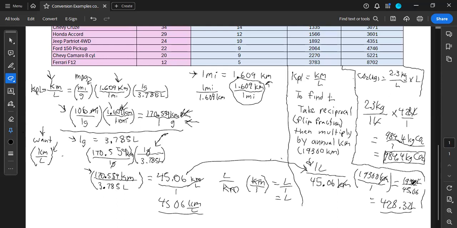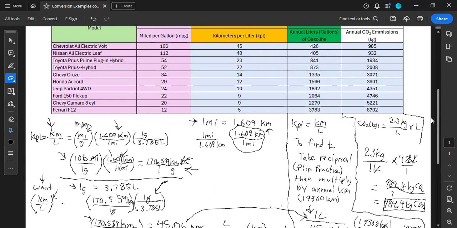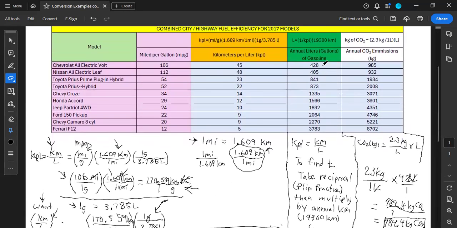So now we have liters, which is what we wanted. So all we need to do is simplify this number, and we divide the 19,300 by the 45.06, we get 428.32 liters. And if we come up here and look, remember these numbers are rounded, but you do see for the number of liters for this vehicle, we have 428.